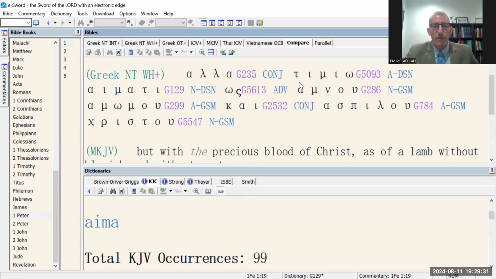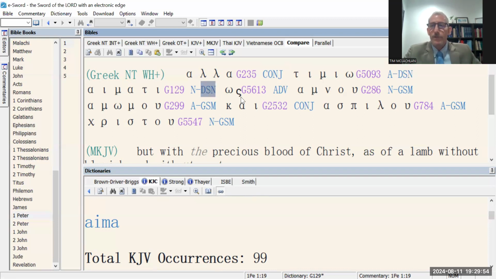So the word precious here, that's the adjective. What sort of blood is it? It's precious blood. Again, this is the adjective. A means the adjective in the software here, and dative, singular, neuter. Notice how when you see the ending here, DSN, it has to match.